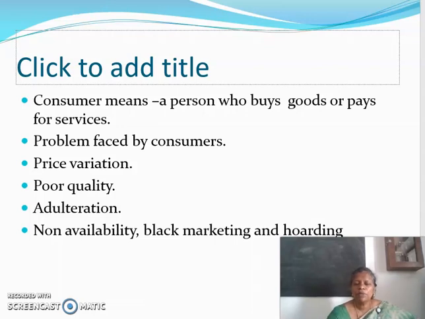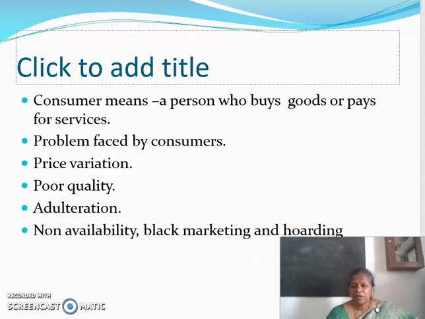The next problem they are facing is non-availability, black marketing or hoarding. Usually it is the tactic of business people. In order to get a better price, they create demand for the product. Sometimes, during festival periods like Pongal or Diwali, they create artificial demand for the product so that they can fetch a good profit and charge a high price.